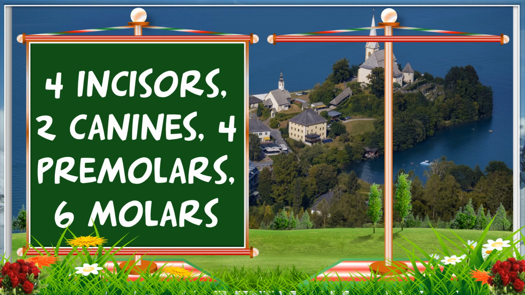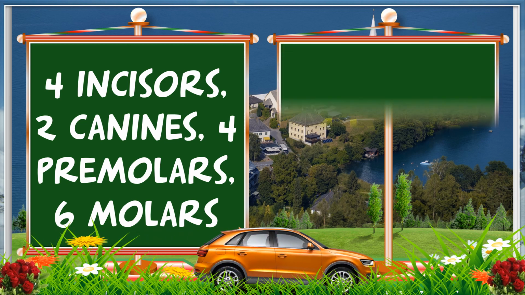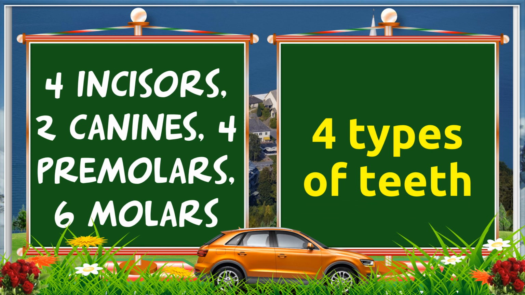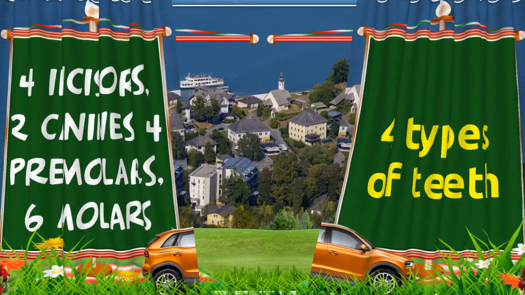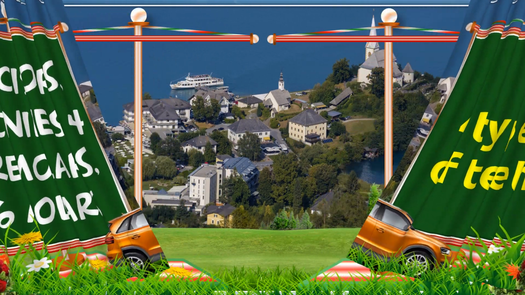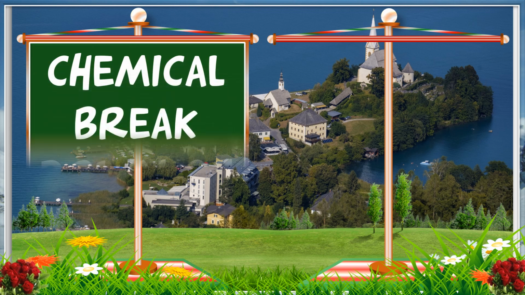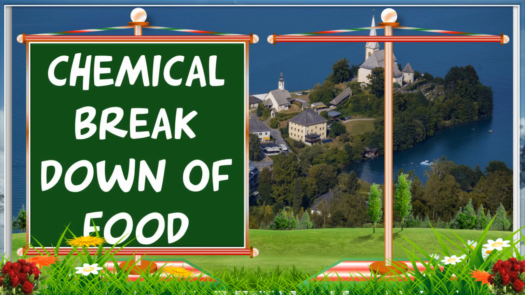Four incisors, two canines, four premolars, six molars. Four types of teeth. Chemical breakdown of food.